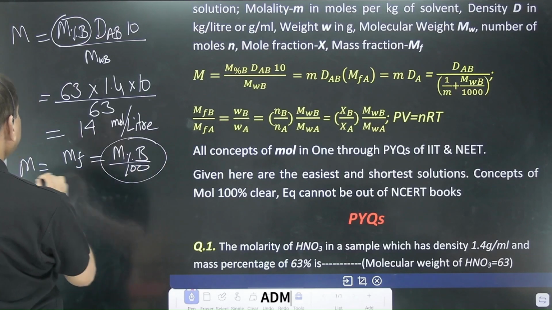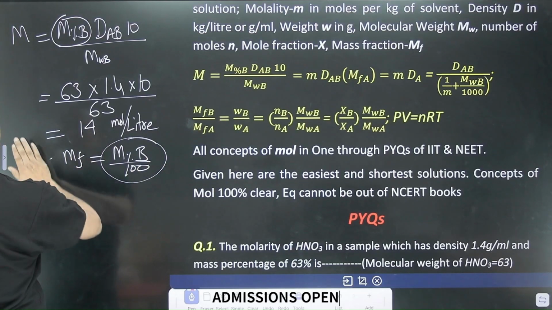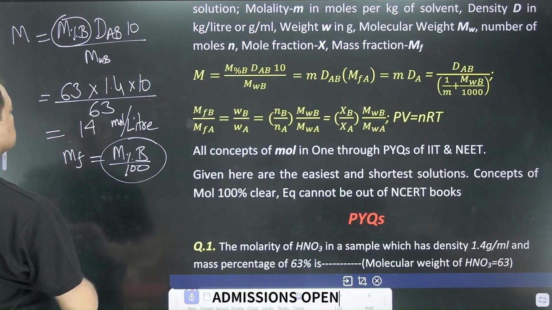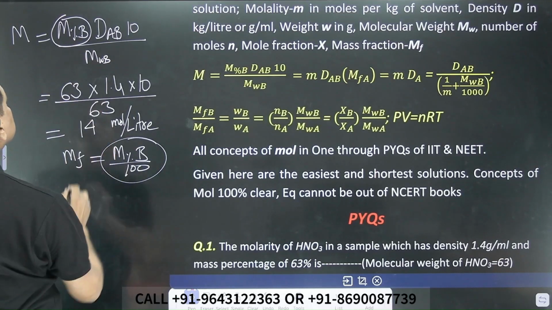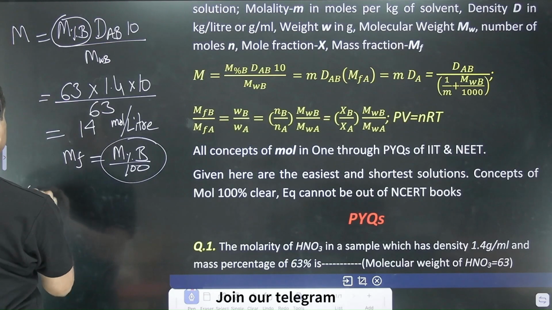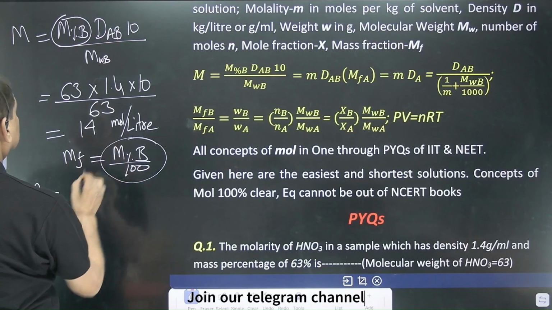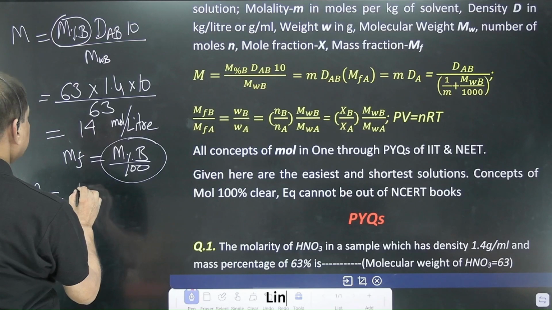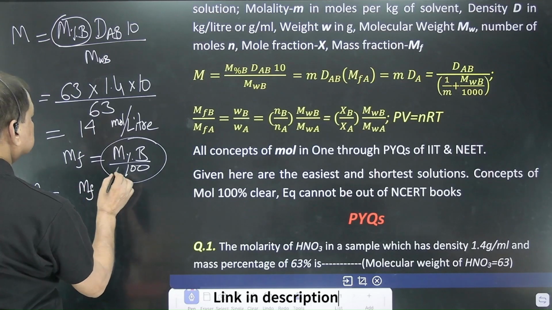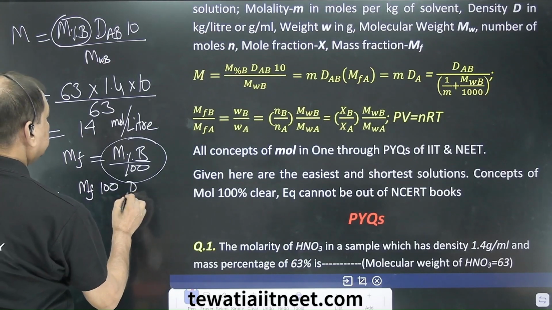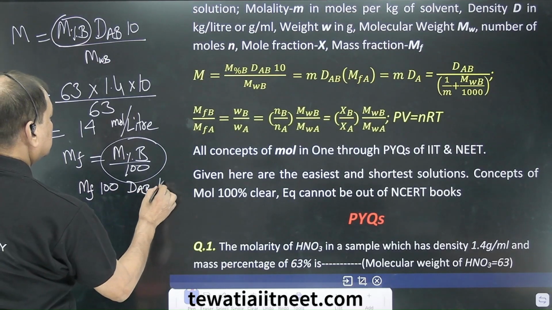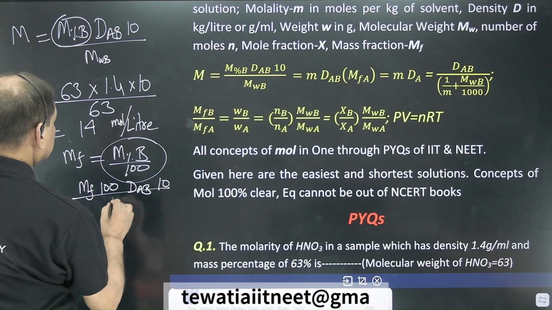That is MF. So if I substitute here, this will be M equal to MF into 100 into DAB into 10 divided by MWB.